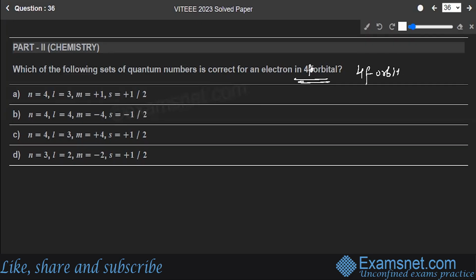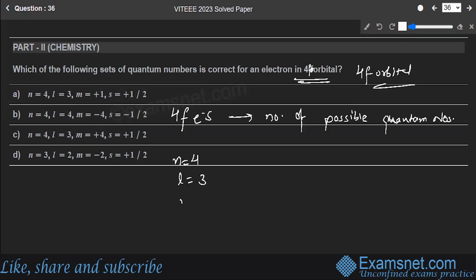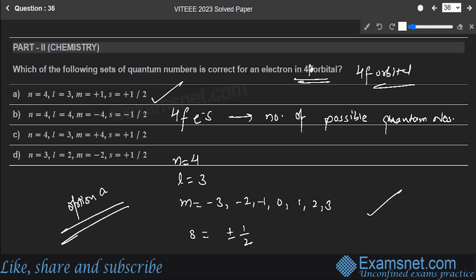The possible quantum numbers for 4f electrons are given by n is equal to 4, l is equal to 3, m is equal to -3, -2, -1, 0, 1, 2, 3, and s is equal to plus minus 1 by 2. Looking at all these ones, we have the first option as the right answer.